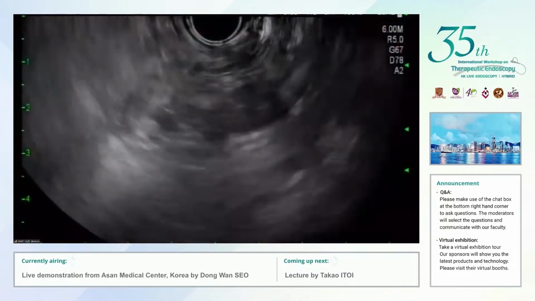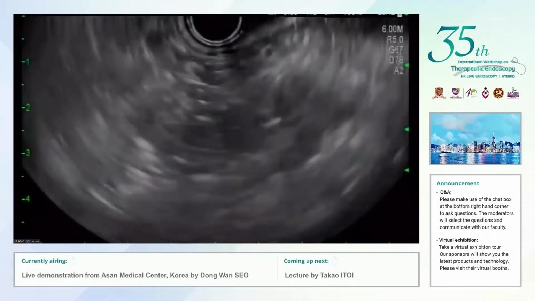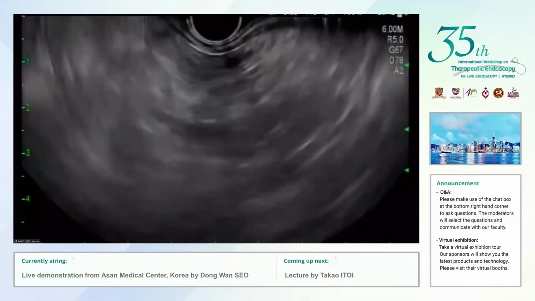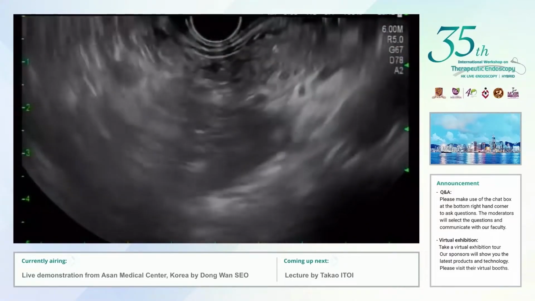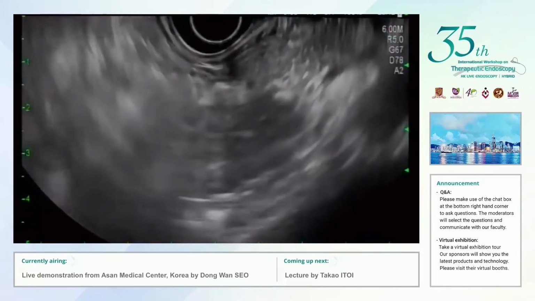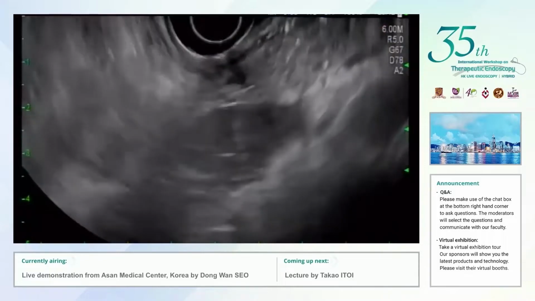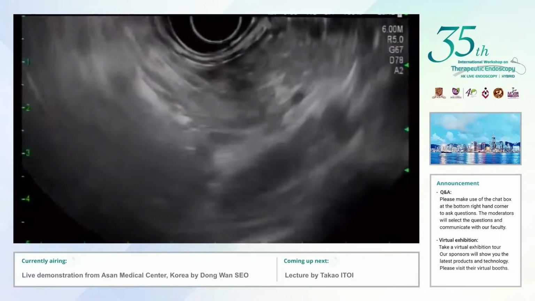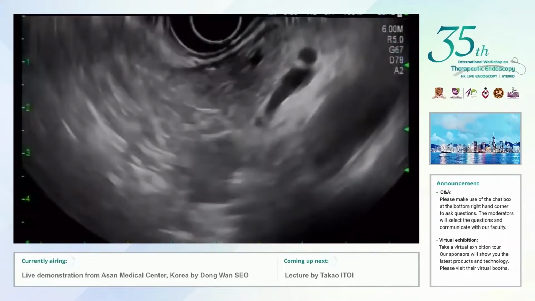Yes, we can. From the lower body of the stomach, I will touch the posterior wall, aspirate the air, and inject some amount of clear saline into the balloon to try to get very good contact across the window.